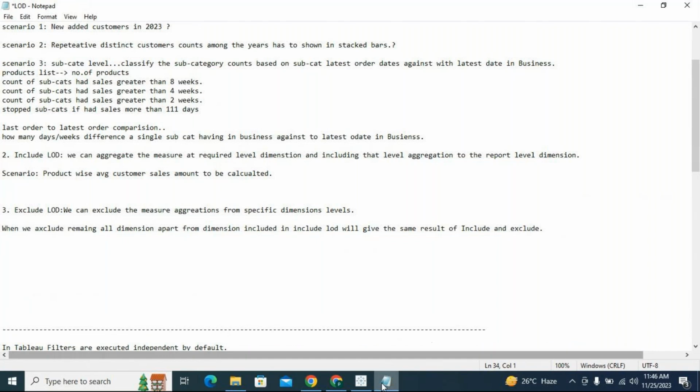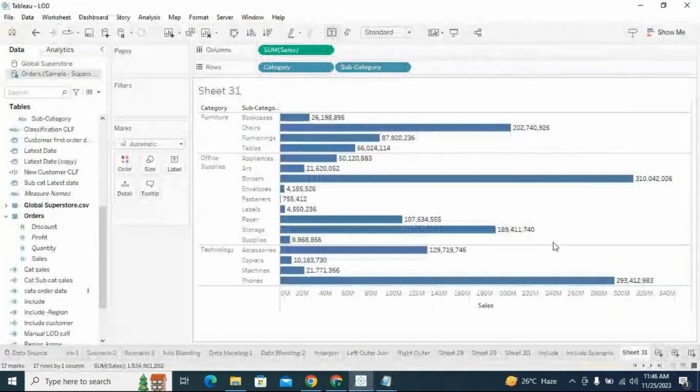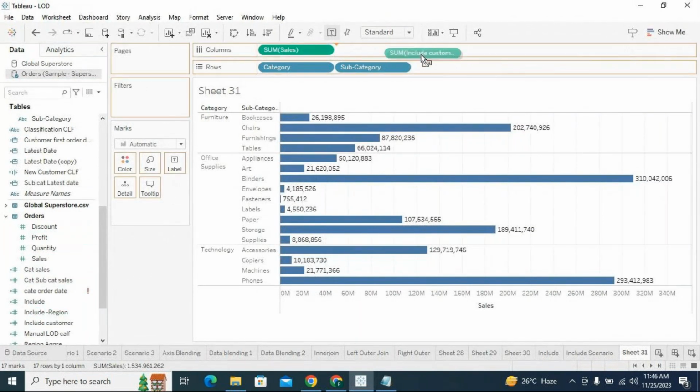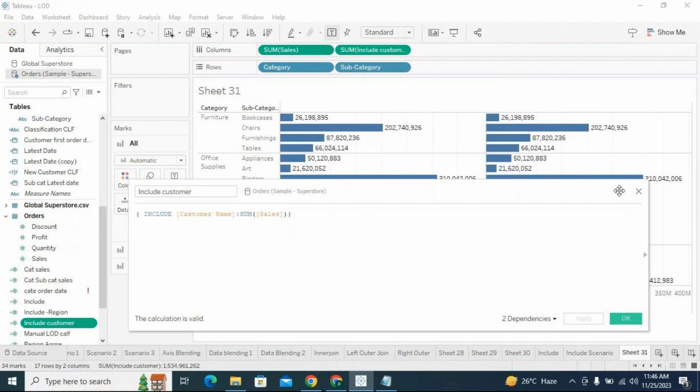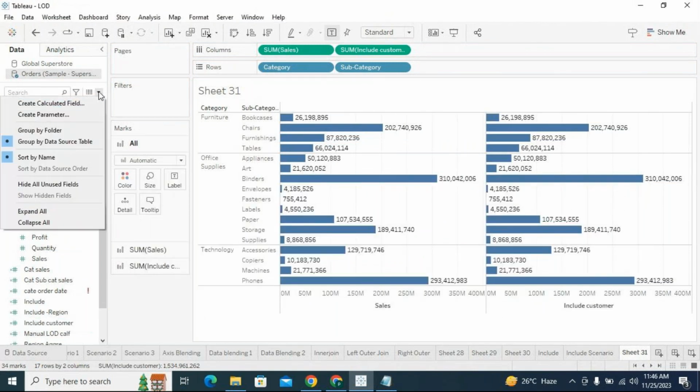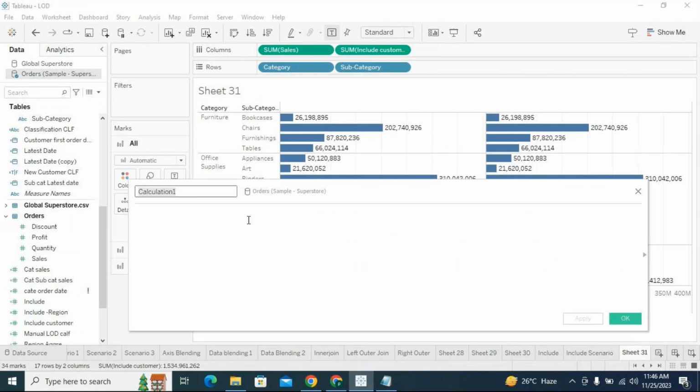Let me write one calculation. So what is this include LOD? We have include customer name, sum of sales. Now I am writing a calculation for exclude. Which dimension level do I want to exclude? I want to exclude all the remaining dimensions.